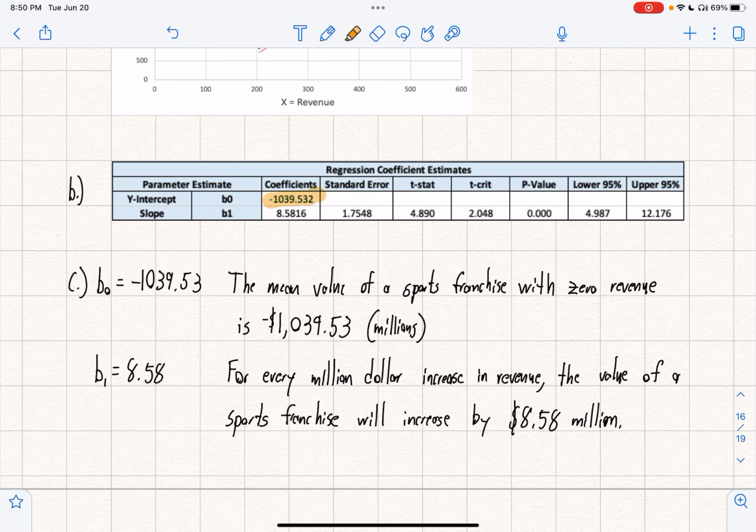Note that now I'm saying for every increase in revenue, value increases. So increase and increase, because we have a positive slope coefficient, which means they move in the same direction.